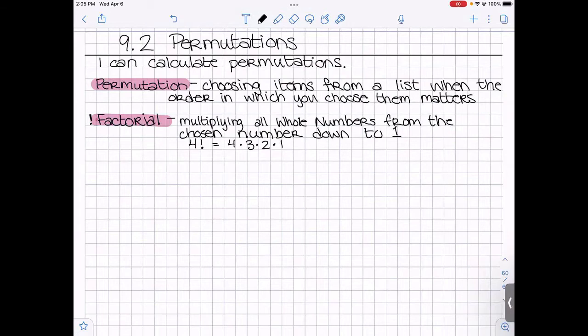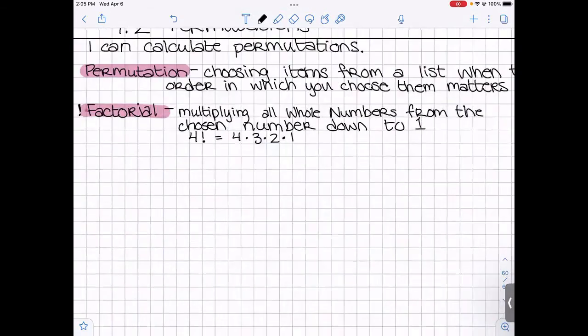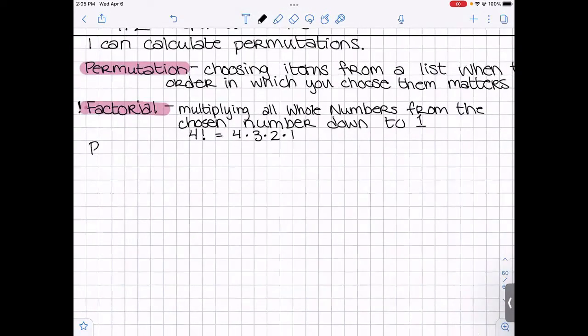Now we need the permutation formula. The way we do this is we're picking n number of things r at a time.